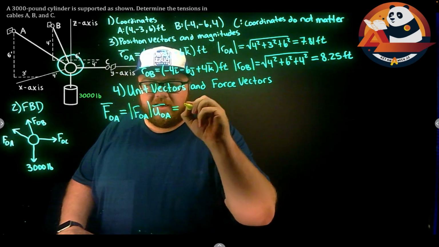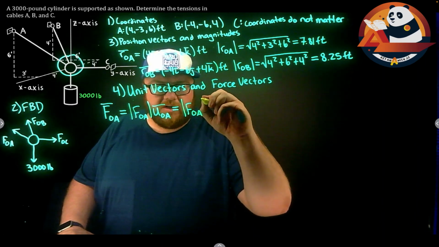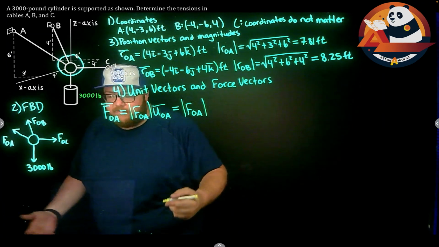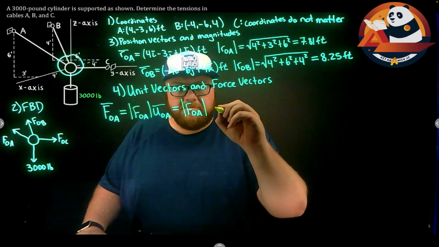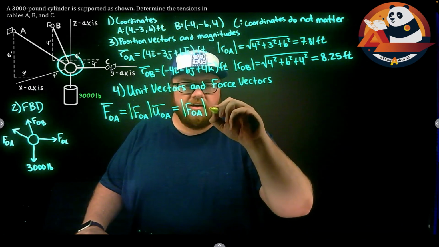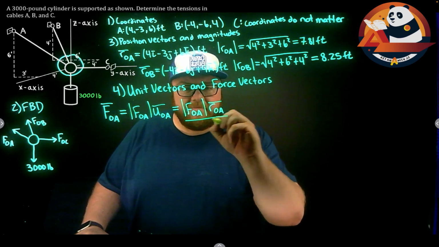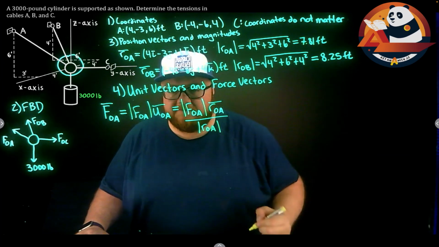This is the same thing as our magnitude of FOA, again the unknown. That's one of our answers when we can solve for it. That's going to stay as an unknown for a while. We multiply by our position vector, ROA, and then divide by the magnitude of our position vector, ROA.